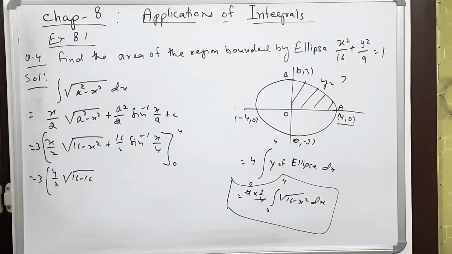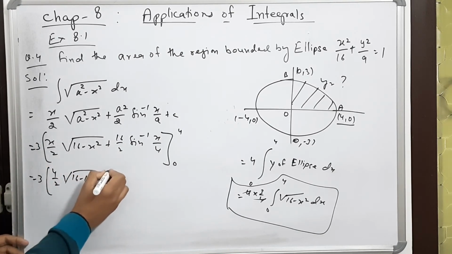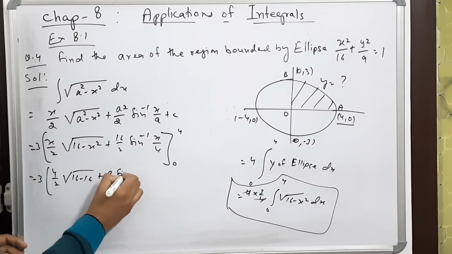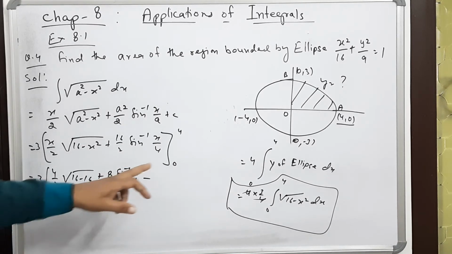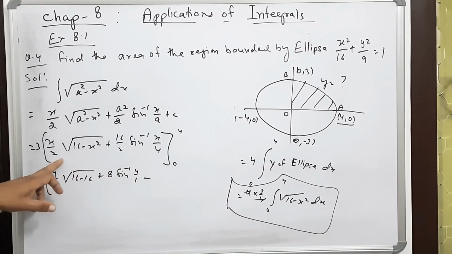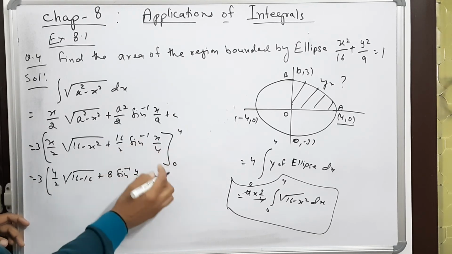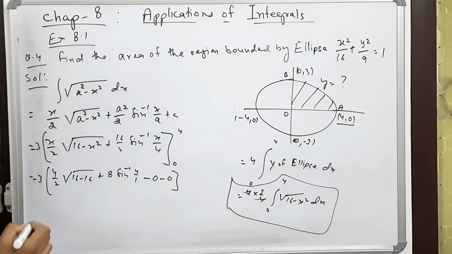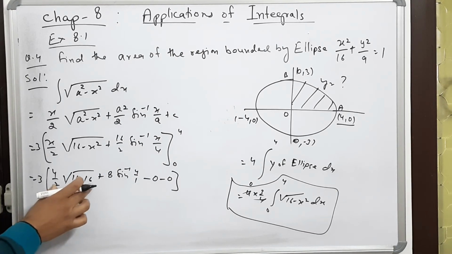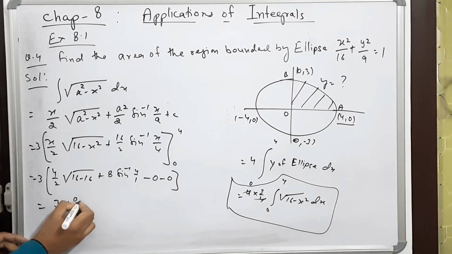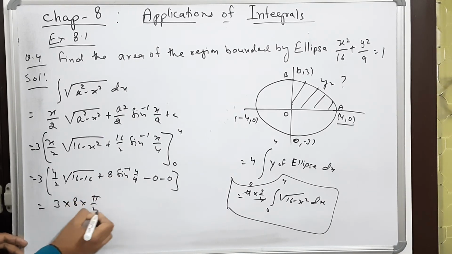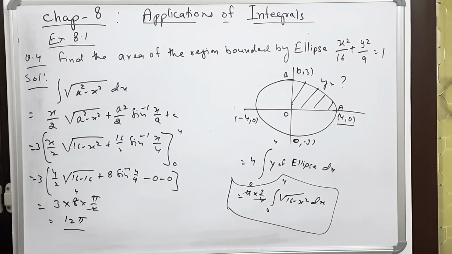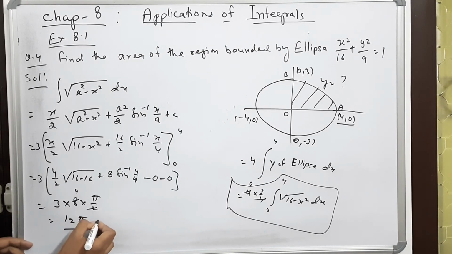So this part will be 0, plus 8 sine inverse 4 by 4, minus, we are taking the 0 part. So when you take 0, this component will be 0 and this component will also be 0. So the final answer is 3 times 8 sine inverse 4 by 4. Sorry, 4 by 4, so it is pi by 2. So this 2 and this cancel. So answer is 4 pi square units.